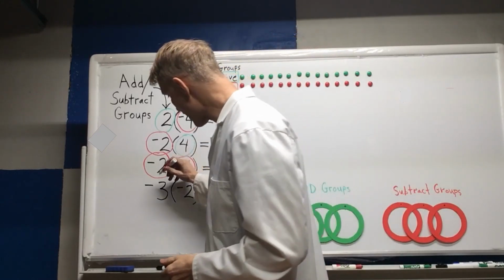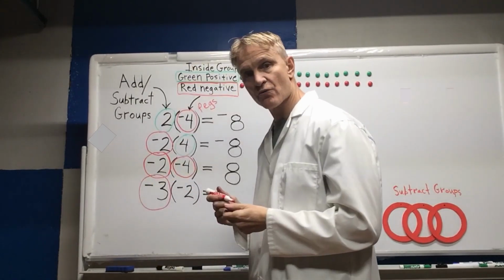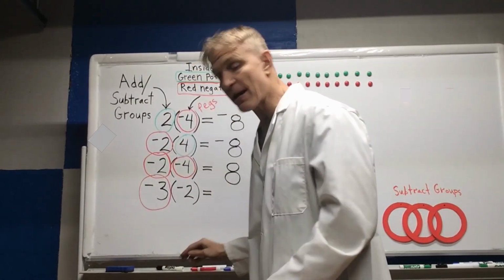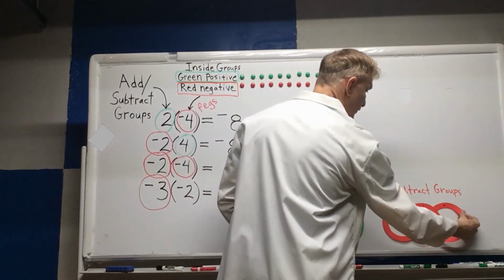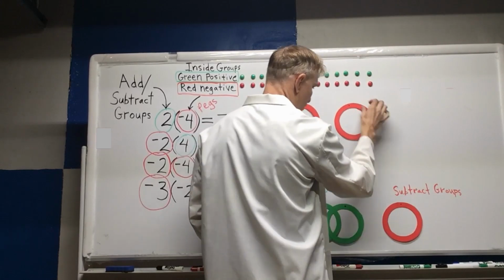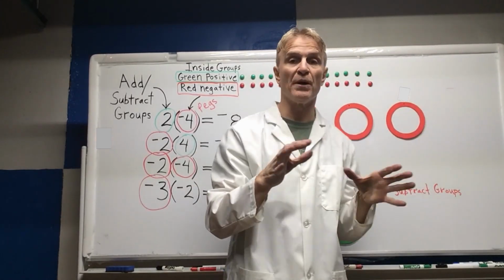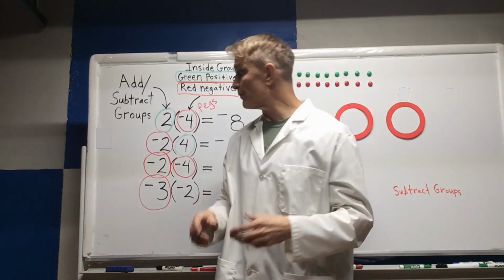Well, -3 is a negative group ring. It's a subtract, so I'm going to circle that in red. I need 3 group rings. I just happen to have 3 group rings over here. So I'm going to grab these 3, put them up over here. Now, what's within the group rings?